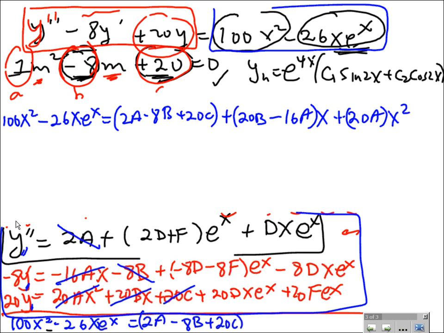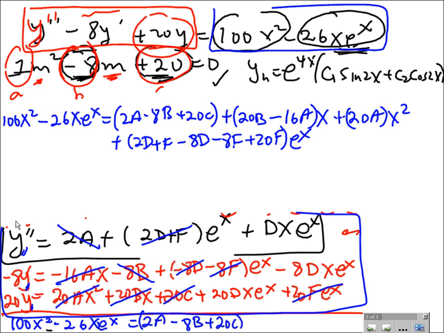Now, how many e to the x's do I have? Not x e to the x, but just e to the x's. Well, I have 2d plus f right there. I have minus 8d minus 8f, and I have plus 20f.